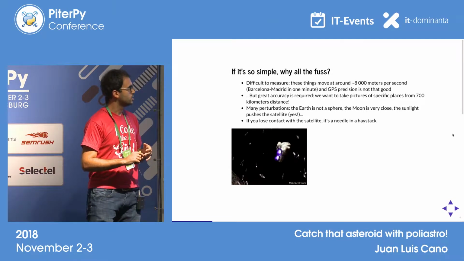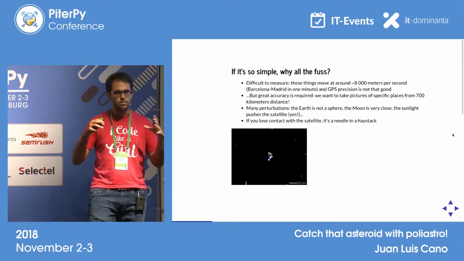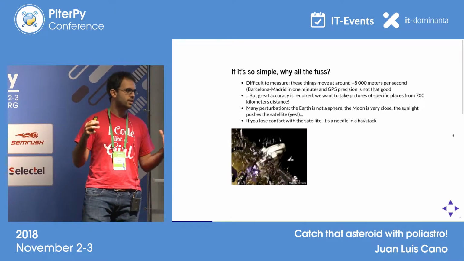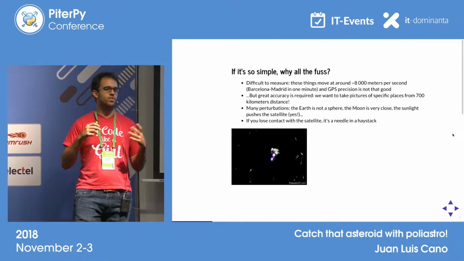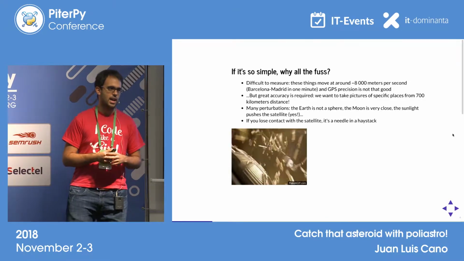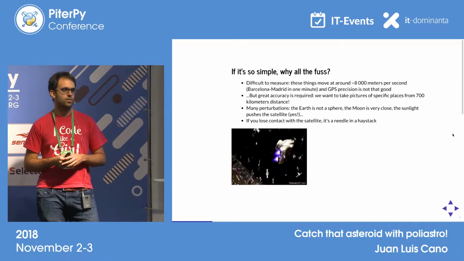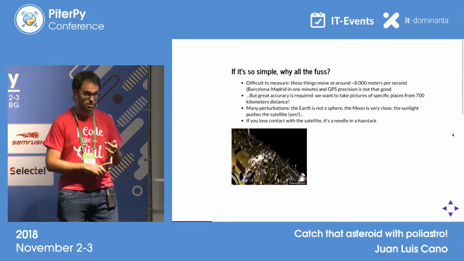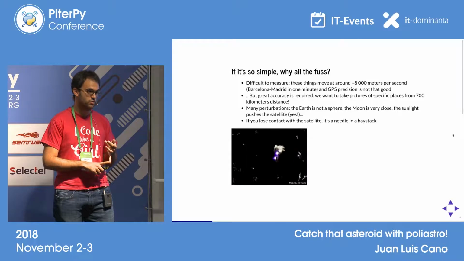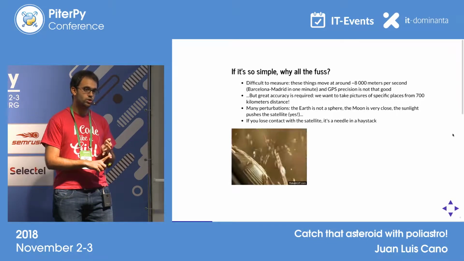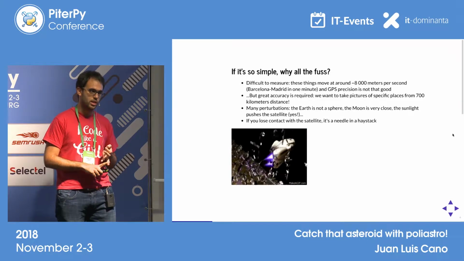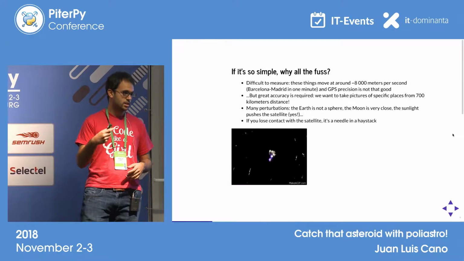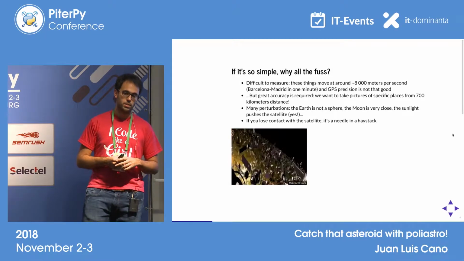Also, there are many perturbations, because the easy model, where the Earth is a point and the equations are very simple, is very easy to solve. But this is never the case, because the Earth is not a point, it's like a pear, something like that. It's a very ugly sphere. There's also the influence of the atmosphere, which slows down the satellites that are in a very low Earth orbit.